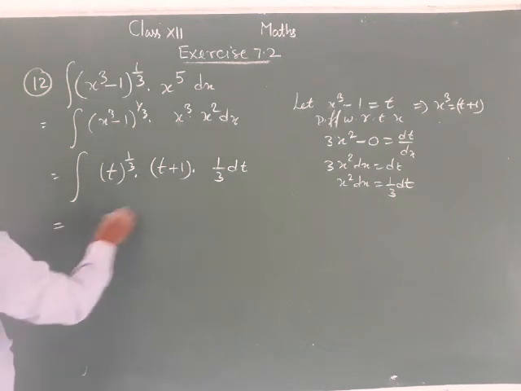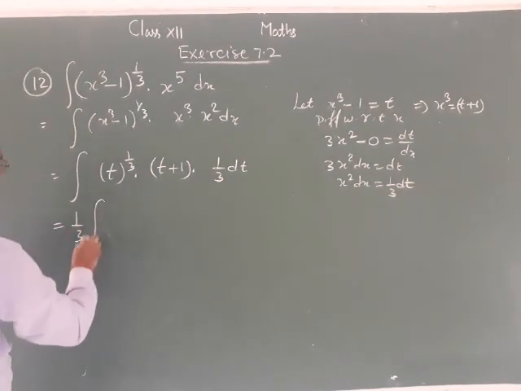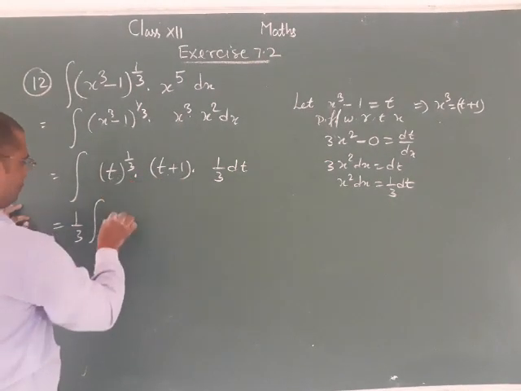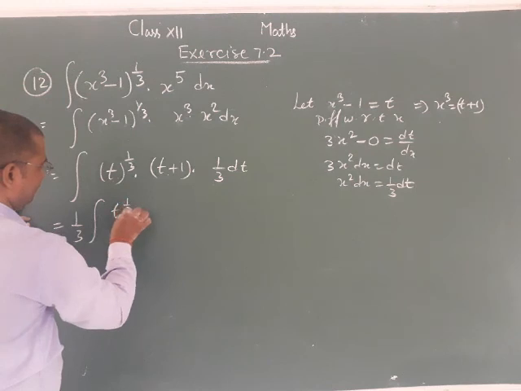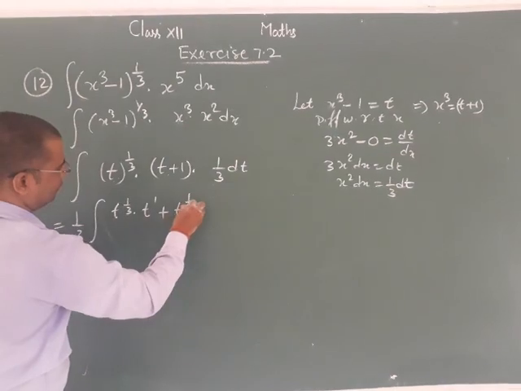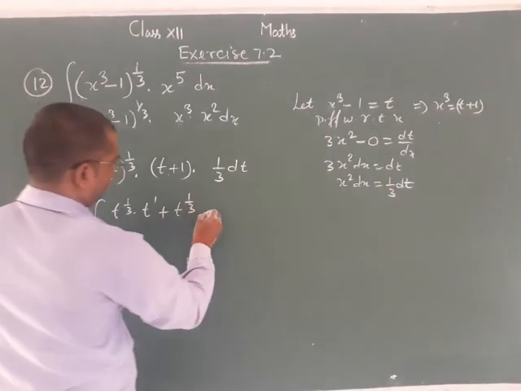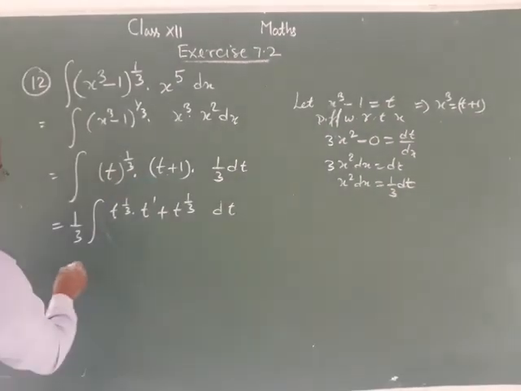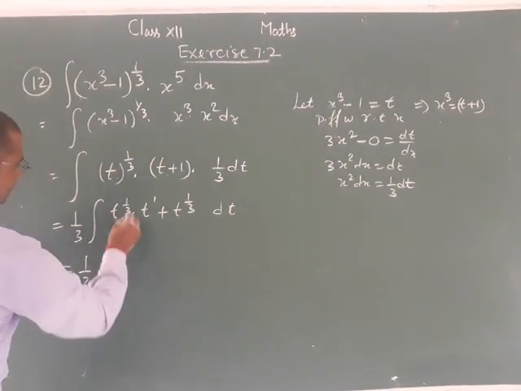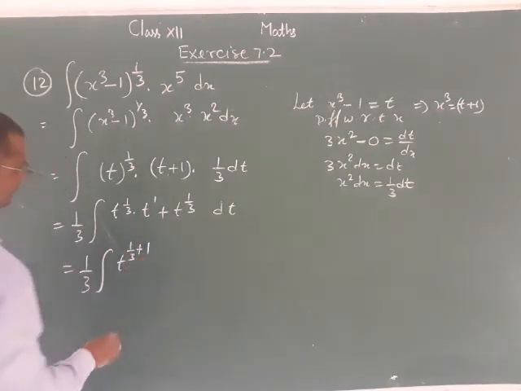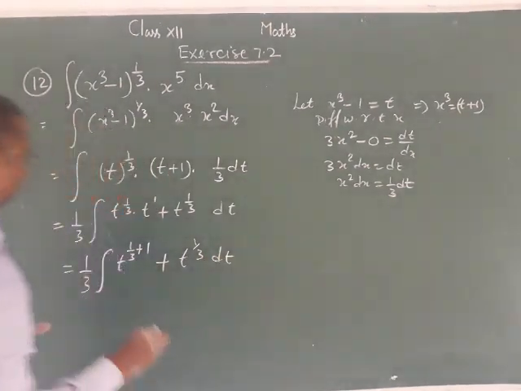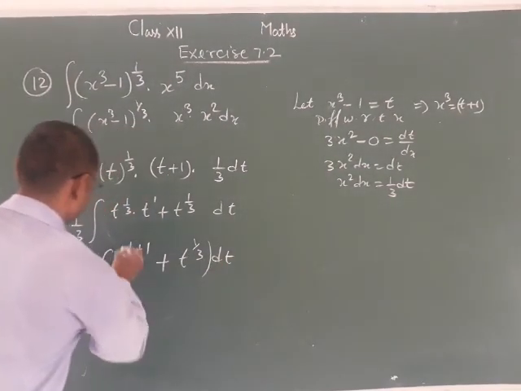So now 1/3 common out, integral of this multiplied by this. So t to the power 1/3 into t plus 1 and dt. So 1/3 integral of t to the power 1/3 times (t plus 1) dt.